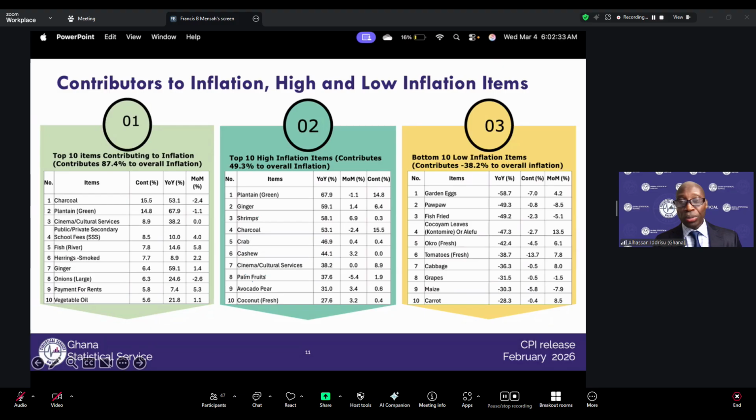So if you put all of these items and their price changes between February last year and February this year, then that is the 3.3% we are talking about.